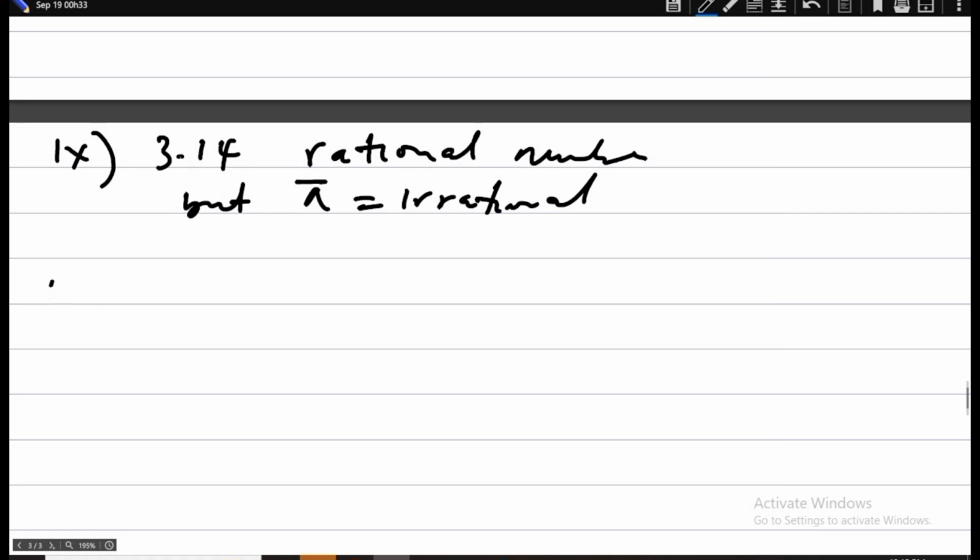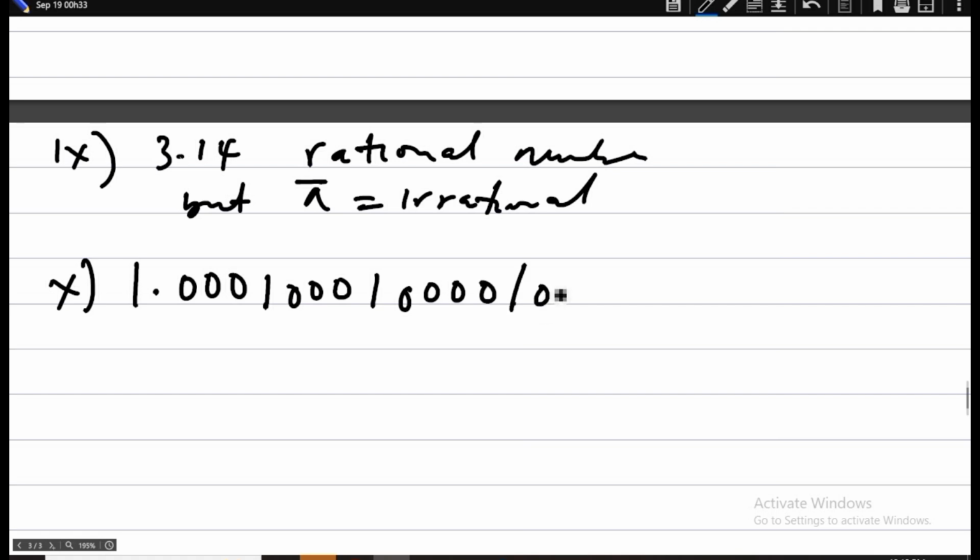So we move to X. For X, I have 1.0010001000001. It continues that way. Now if you look at this, it has a particular pattern.